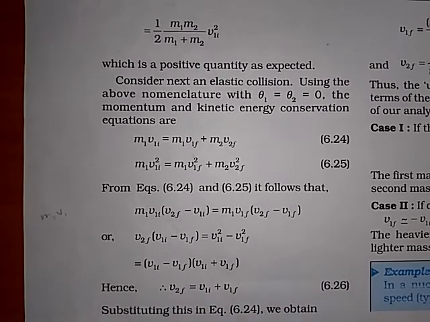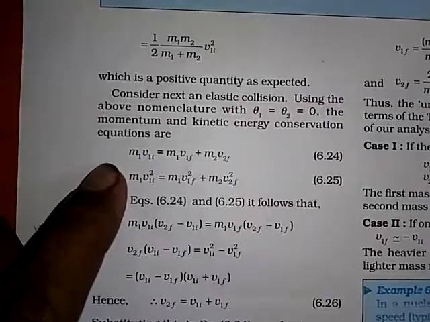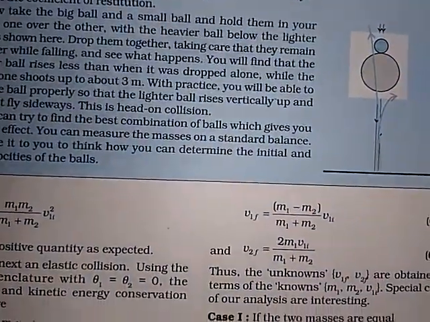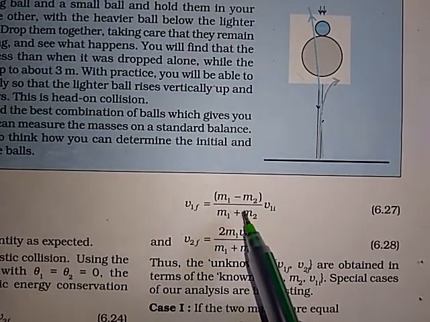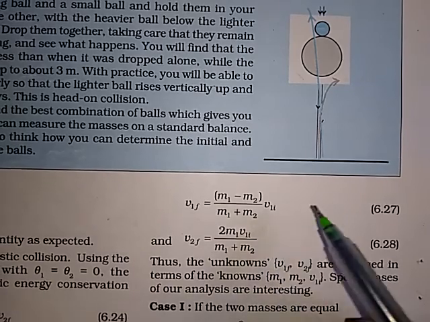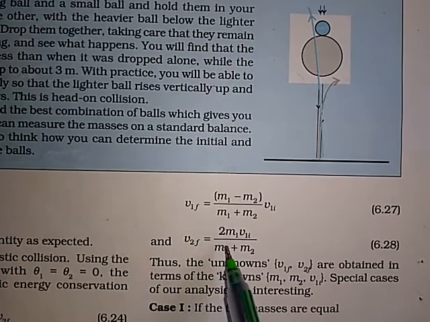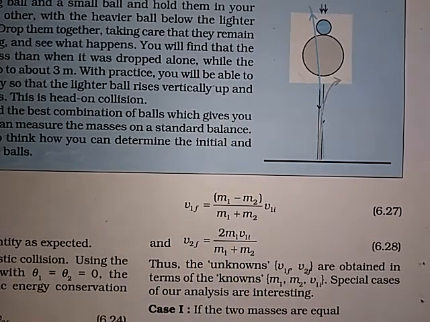Now you substitute this v2F in equation 624, and you will get two equations: v1F is equal to (m1 minus m2) divided by (m1 plus m2) into v1I, and v2F is equal to 2 m1 v1I divided by (m1 plus m2).